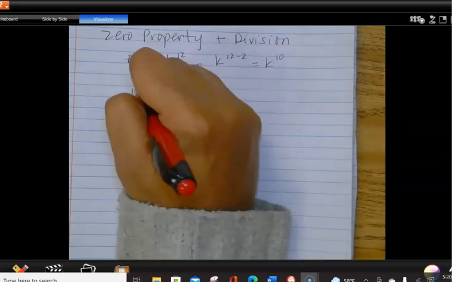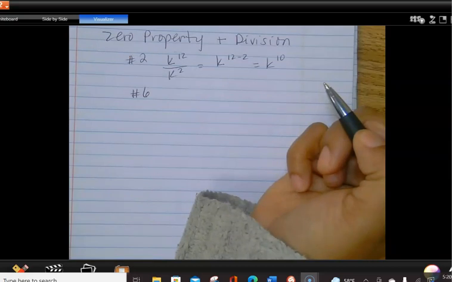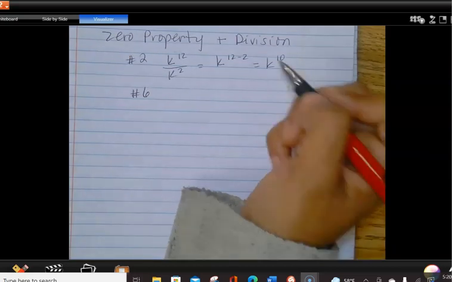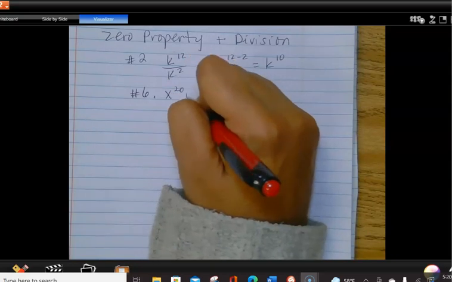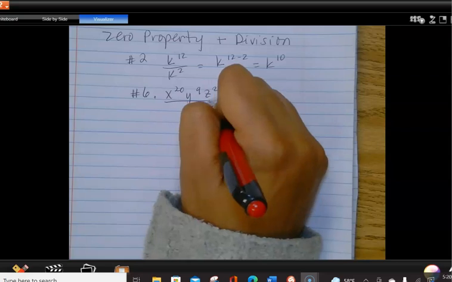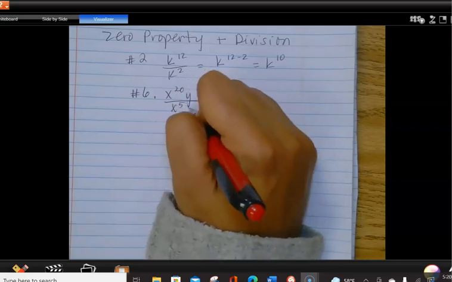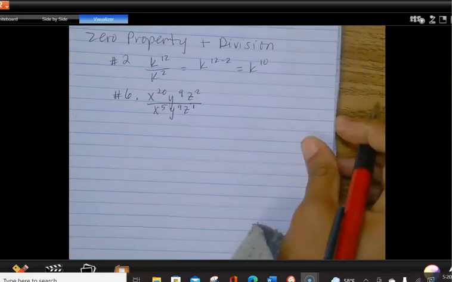Here's number 6. Remember, all I'm doing is subtraction. They have the same base and different powers, and it's set up like a fraction. It's x to the 20, y to the 9th, z to the 2nd over x to the 5, y to the 9th, and z to the 1, but we don't write the 1. I just did it so y'all can see it.